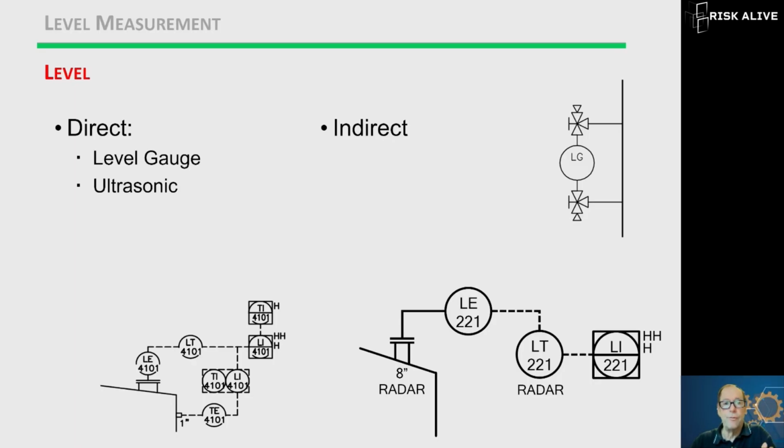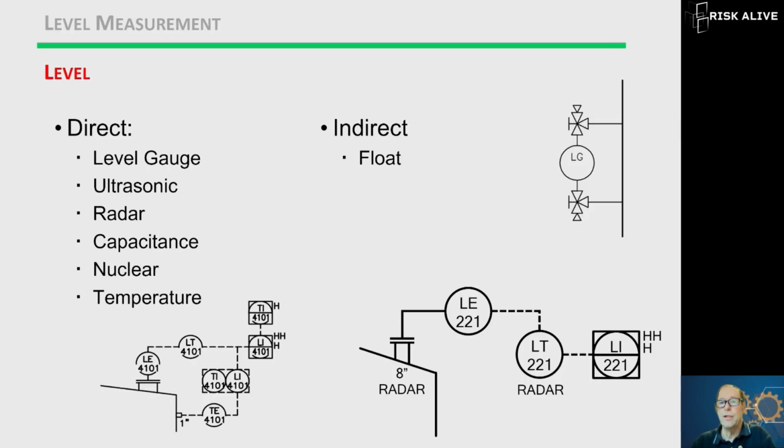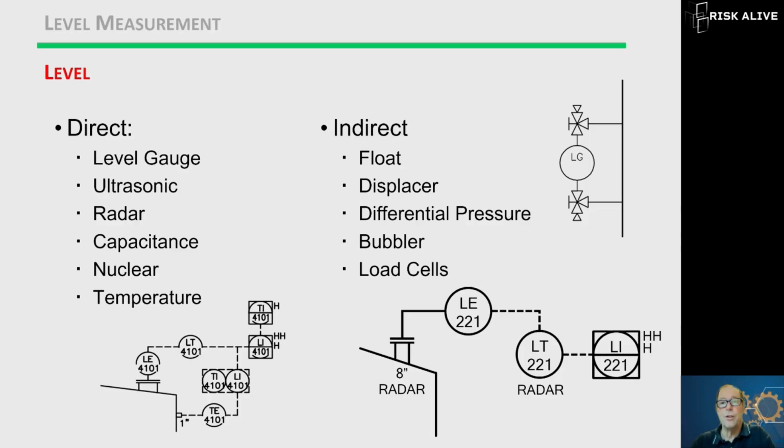We'll talk everything from level gauges to ultrasonic, radar, capacitance, nuclear, temperature, even floats, displacers, differential pressures, bubblers, load cells. Your facility probably doesn't have all of those, but you would have some of them. And depending on your facility and their age, we try to cover all the basics, right?